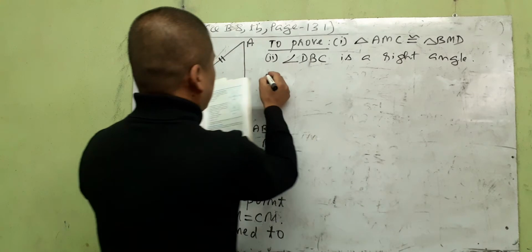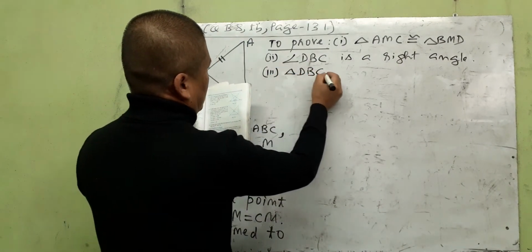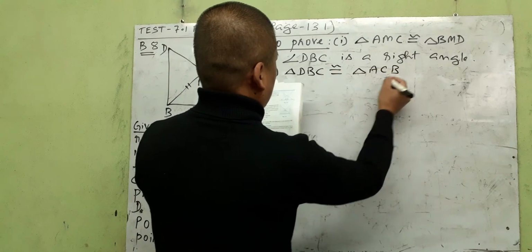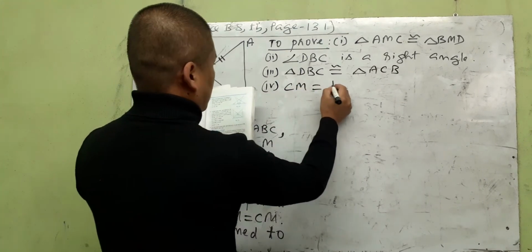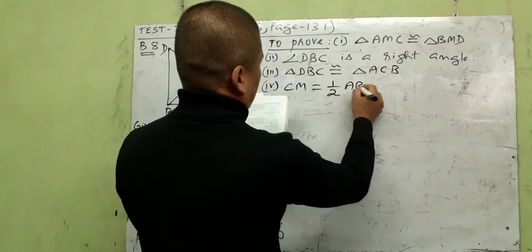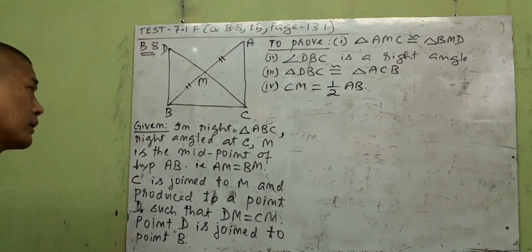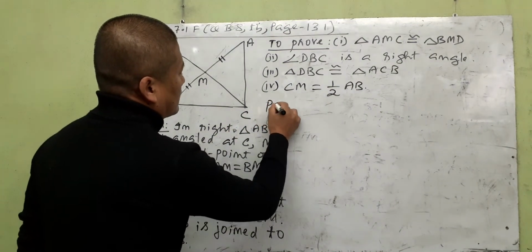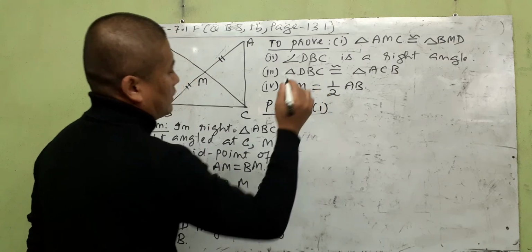That's what we have to prove. Number 3 is triangle DBC is congruent to triangle ACB. The fourth one we need to prove is CM equal to half of AB. Let's see how we'll go about that. Okay, so here one by one we can start. Proof means our answer. Okay, we can just start with one maybe.